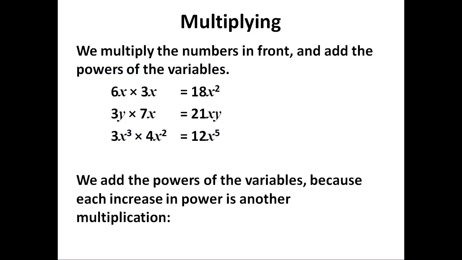We're not actually adding the variables, we're multiplying them, but that's because a power is an increase in multiplication. X squared is x times another x, so every time we add a power we are in fact multiplying.